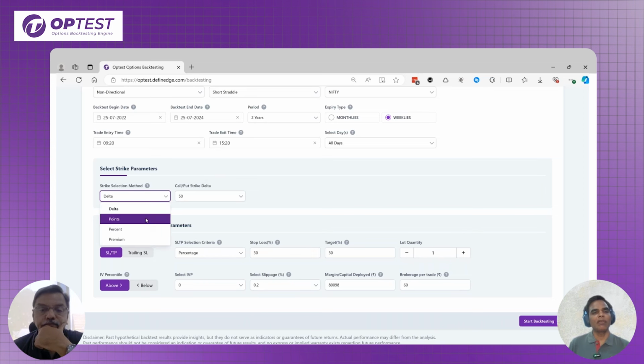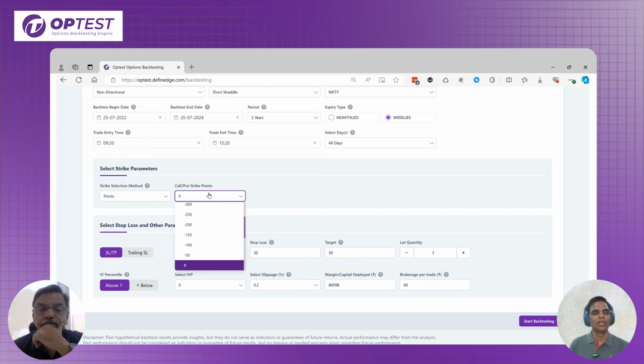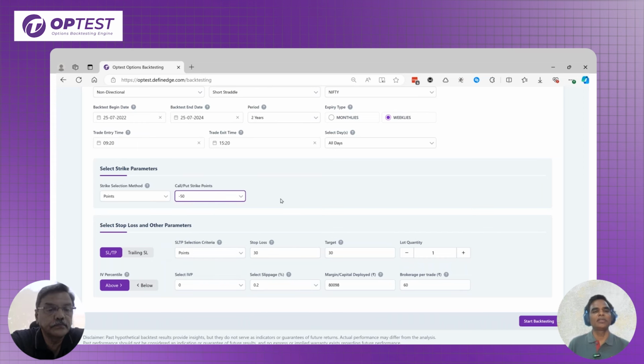And then let's say I want to choose based on points. 0 points means you select exactly the at the money strike at that point of time, whatever the future price is. Or you can say 50 points down or 50 points up, for both put and call, because a straddle has to have the same strike price. So you can choose both on the upside or downside.